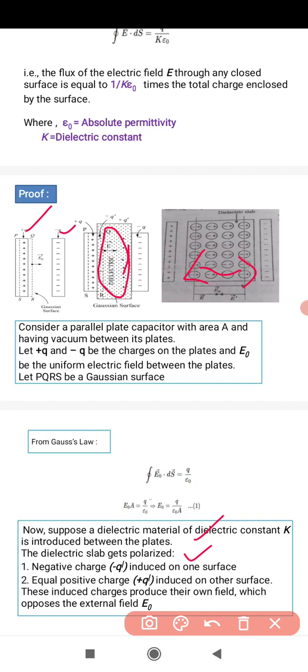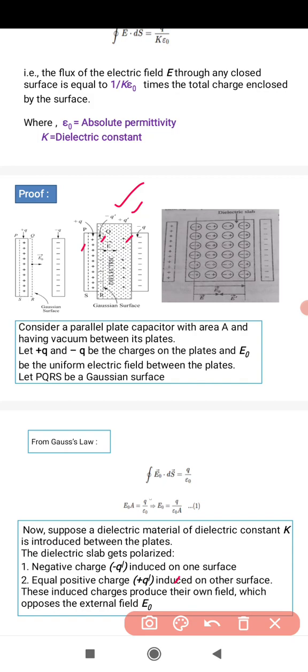This means the dielectric slab gets polarized. In this case, a negative charge minus Q dash is induced on the surface on the positive plate side, and an equal positive charge plus Q dash is induced on the other surface.